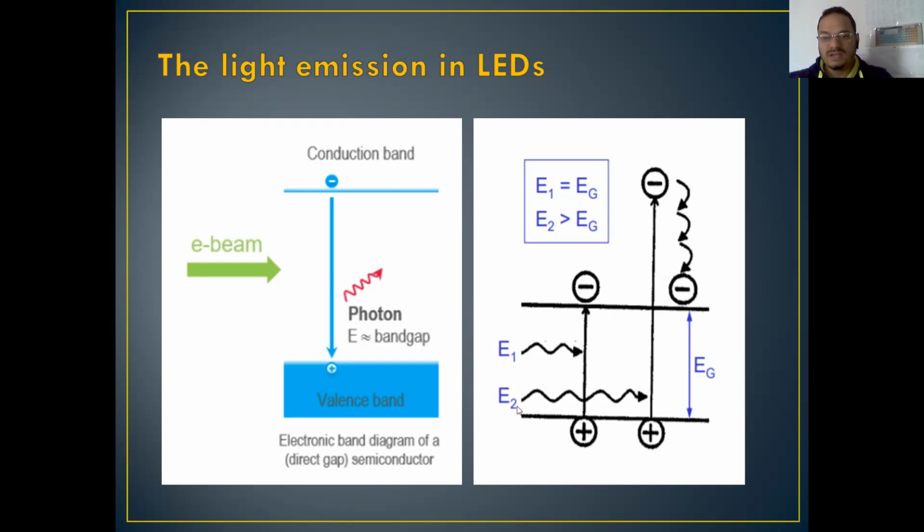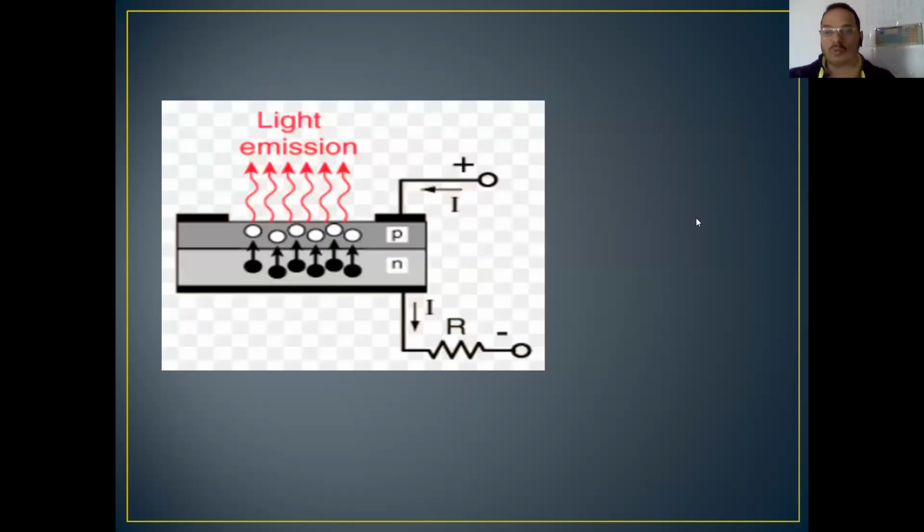But here we have bigger than the energy band gap, so the electron can skip far away into the conduction band, and after that it tries to reach a stable situation by coming back again to the valence band. By that, it gives us light power, so we can generate light.